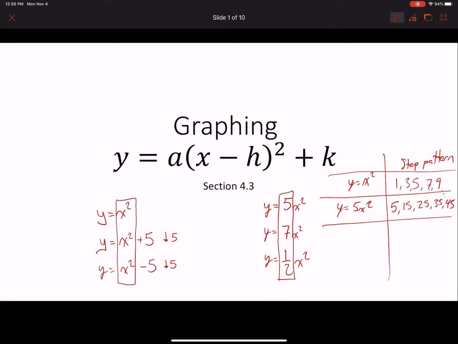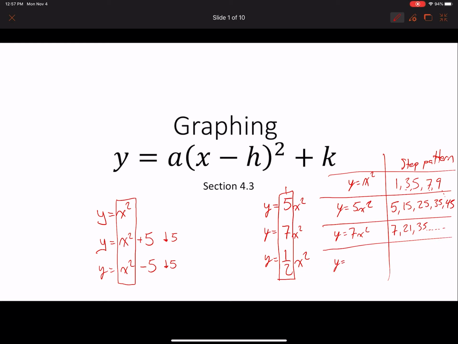Same thing with y equals 7x squared, it'd just be increased by 7. So 7 times 1 is 7, 3 times 7 is 21, 5 times 7 is 35, etc. Basically, this number right here, the coefficient of x squared, changes our step pattern.